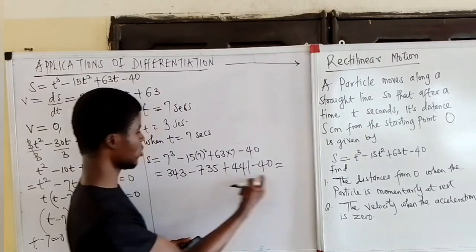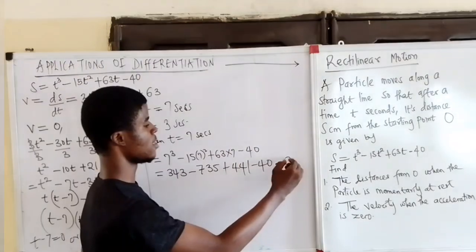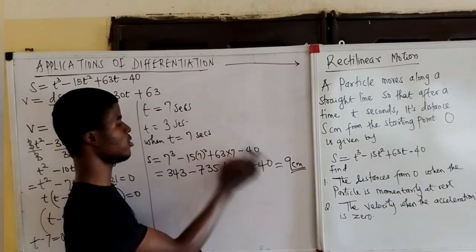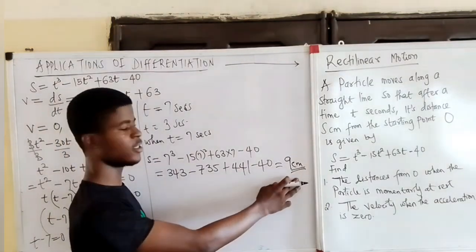So this entire expression is equal to 9 centimeters. So when t is equal to 7 seconds, the distance is 9 centimeters.